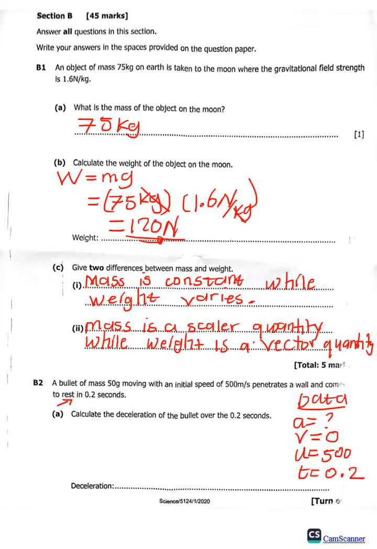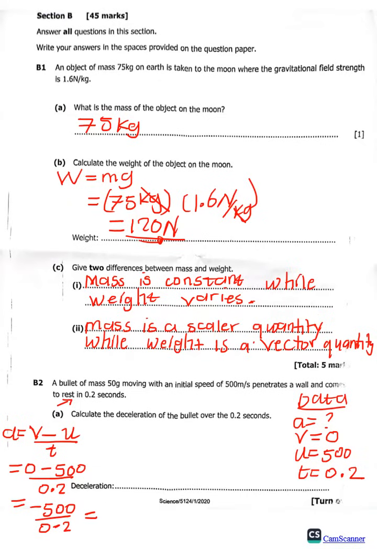So we can now go to the first question. Calculate the deceleration of the bullet over the 0.2 seconds. So acceleration is equal to final velocity minus initial velocity divided by t. So final velocity is 0, minus 500, over 0.2. So 0 minus 500 is negative 500, over 0.2.